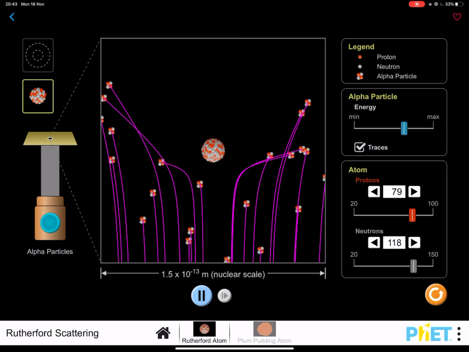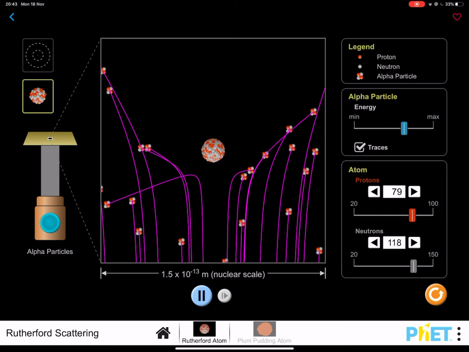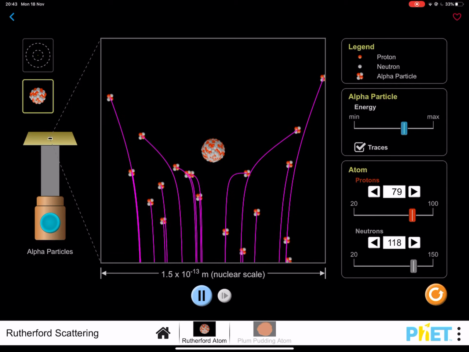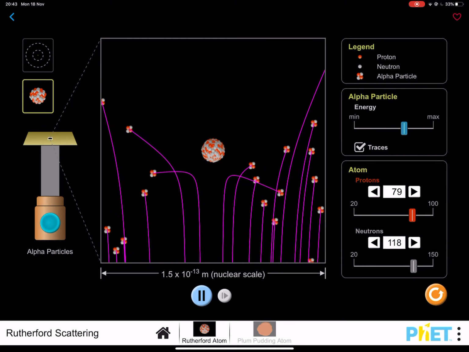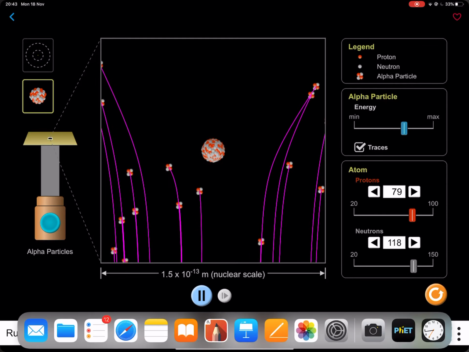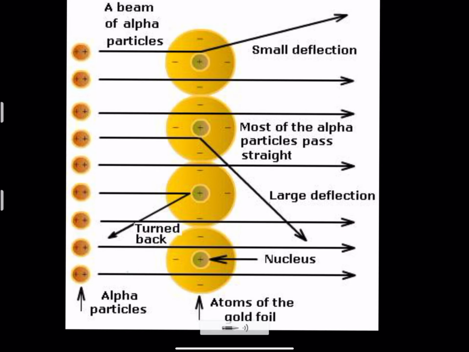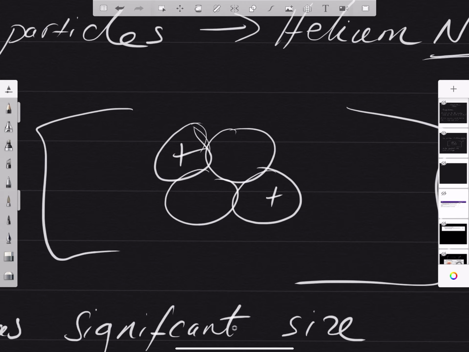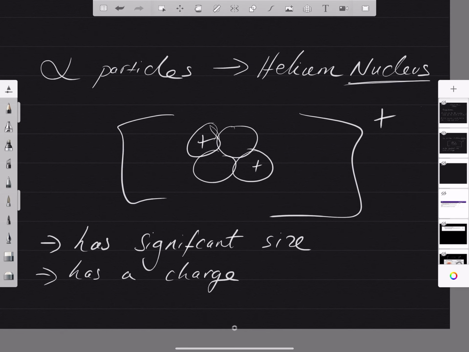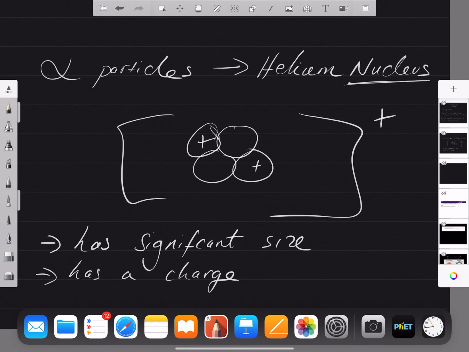Now you should be able to understand why there is an alteration in their trajectory if you go back to the previous slide. If we go back a few slides, where I talked about the alpha particle, I said that the alpha particle has a positive charge, and the nucleus of any atom also has a positive charge.